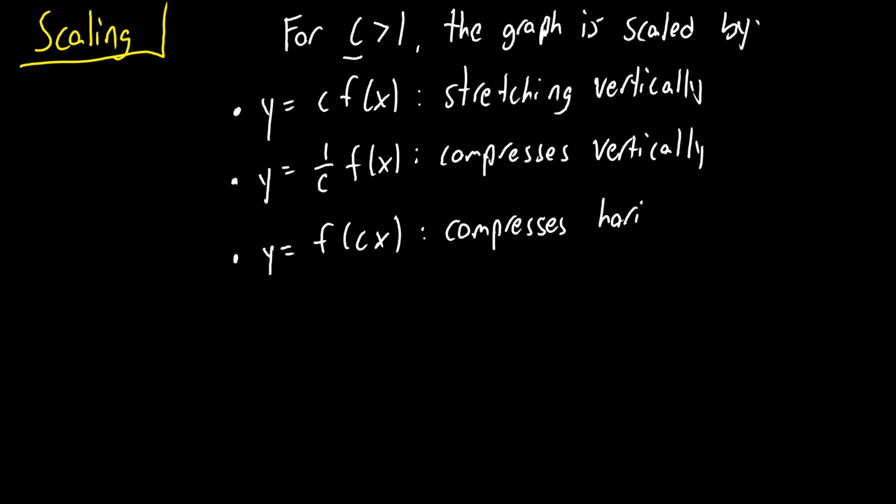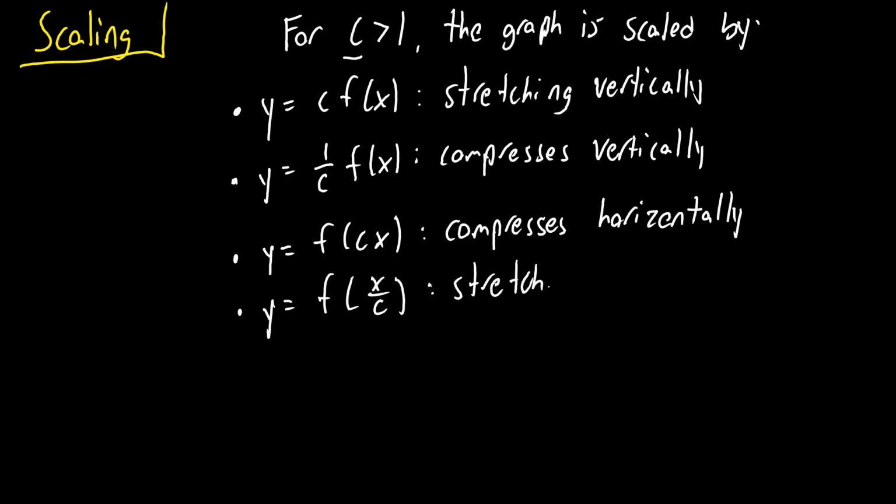So it's going to be the opposite of the rules for vertical scaling. So this is going to be y equals f of x over c, and this stretches horizontally. And this takes some getting used to, but once we go through some examples, it'll make a lot more sense.